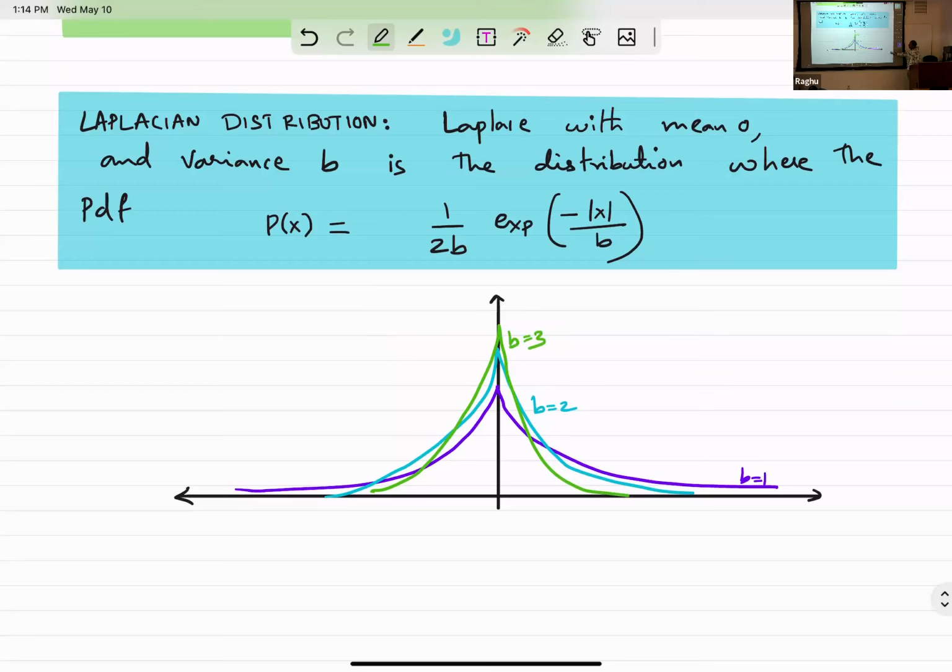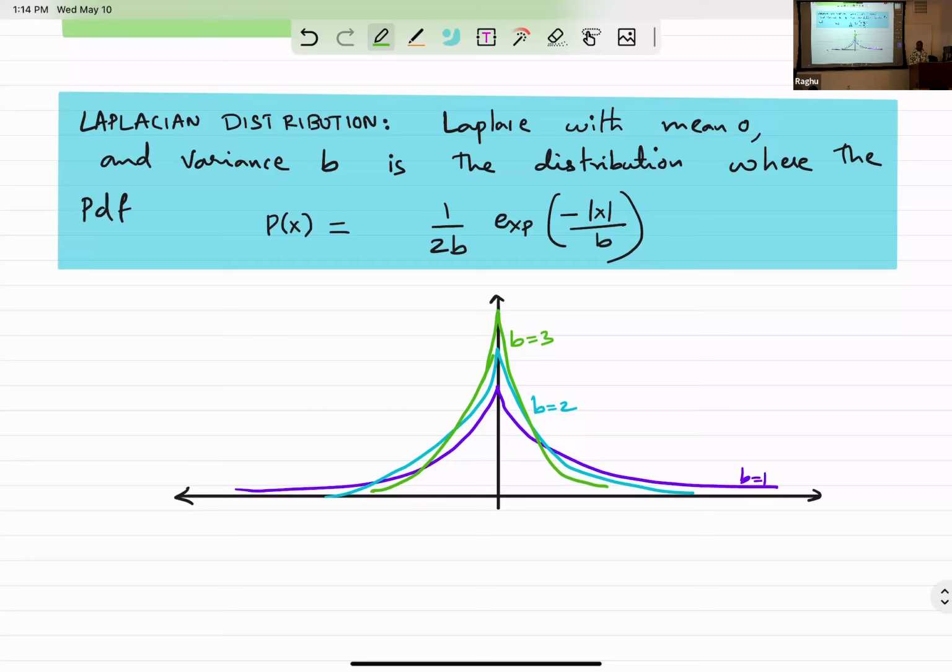They all have exponential decay. I mean, they should not hit 0. They're all exponentially decaying. They're symmetric about the negative and positive values. So their expectation is 0, and their variance is always b.